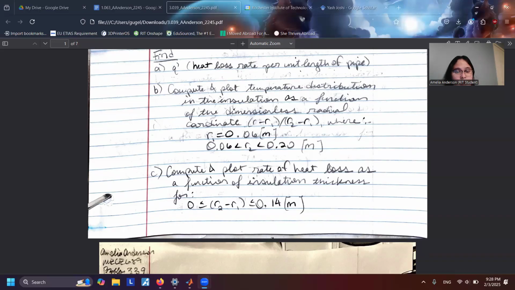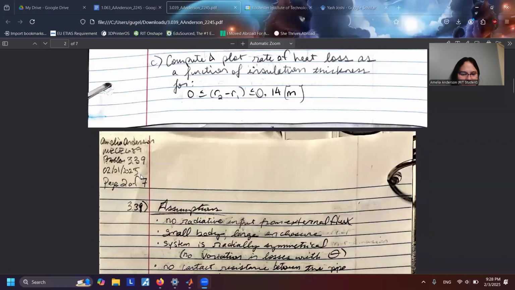You can say, instead of saying our steam pipe radius is 0.06 meters and our insulation radius is 0.2 meters, we can say we put 0.14 meters of insulation on this pipe, and then on the other one we also put 0.14 meters of insulation. So that's what we're doing with that one.